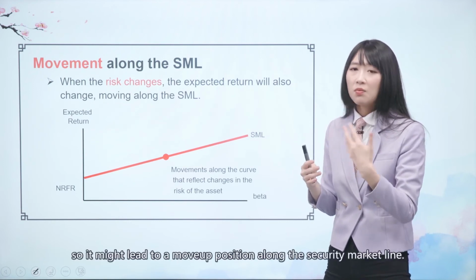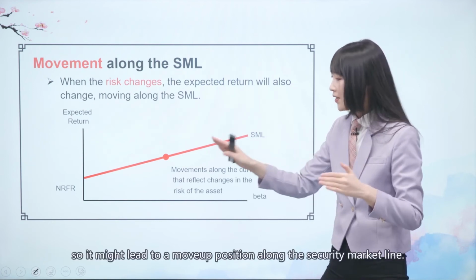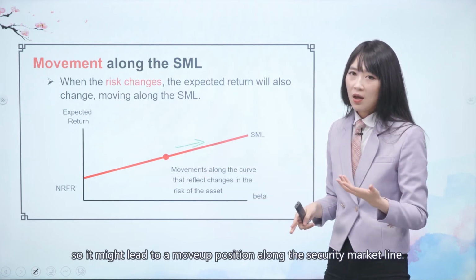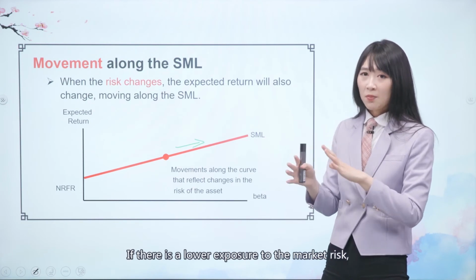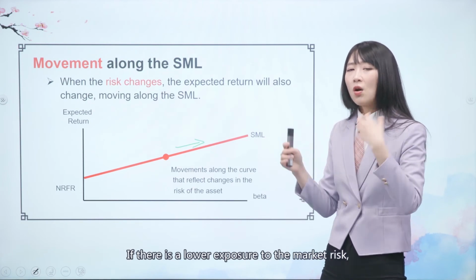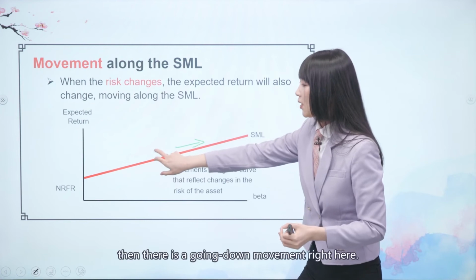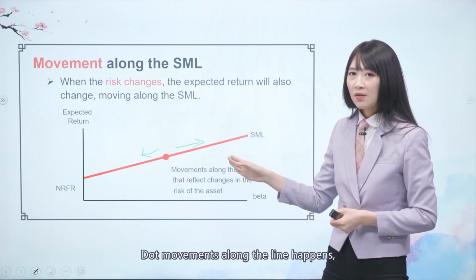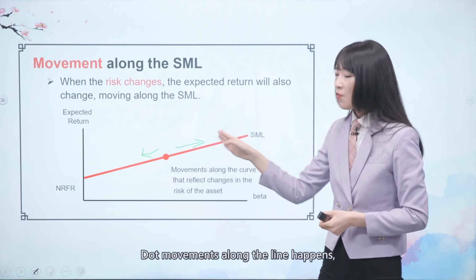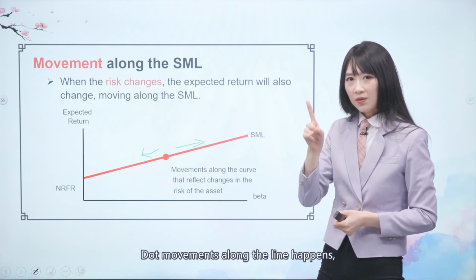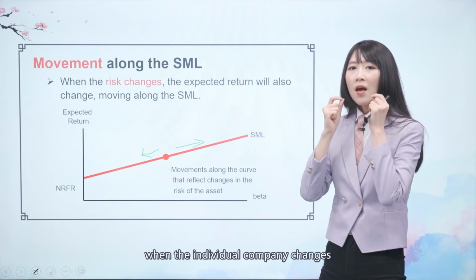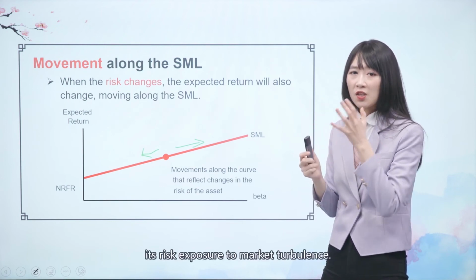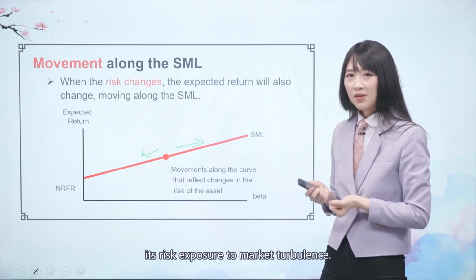So it might lead to, let's say, a move up along the security market line. If there is a lower exposure to market risk, then there is a downward movement right here. So the dot movements along the line happen when the individual company changes its risk exposure to market turbulence.